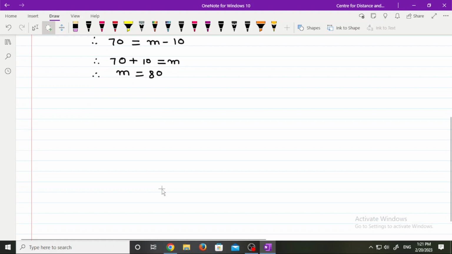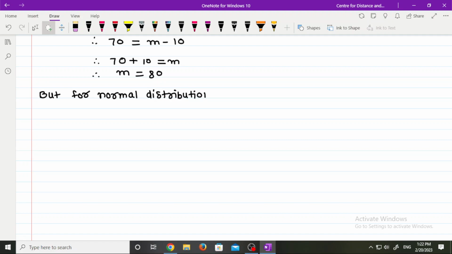But we know that for normal distribution, mean is equal to median is equal to mode. So here we have median is also equal to 80. For normal distribution, mean is equal to median, which is equal to mode.